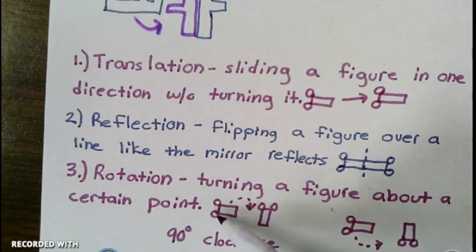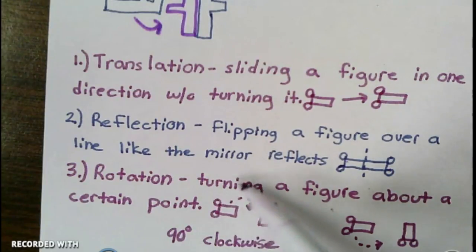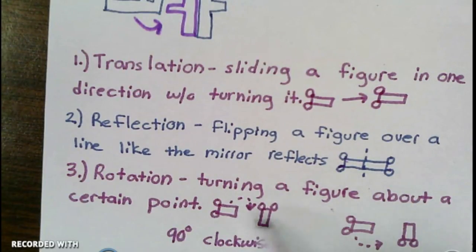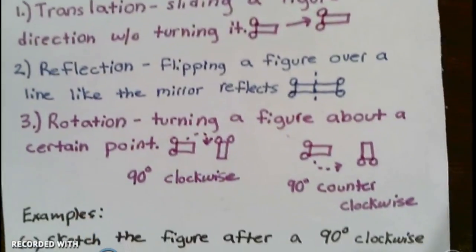If I went all the way and kept going till it was turned into basically a reflection, that would be, at least in this shape's case, if I rotated all the way around like this, 180. If I kept going all the way to here, it'd be 270, but then you might as well just go 90 degrees counterclockwise instead, and all the way around would be 360, which there's no point in doing.